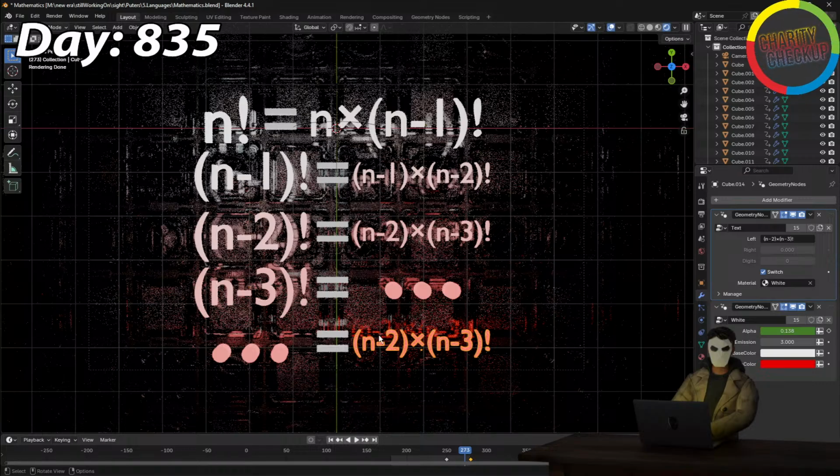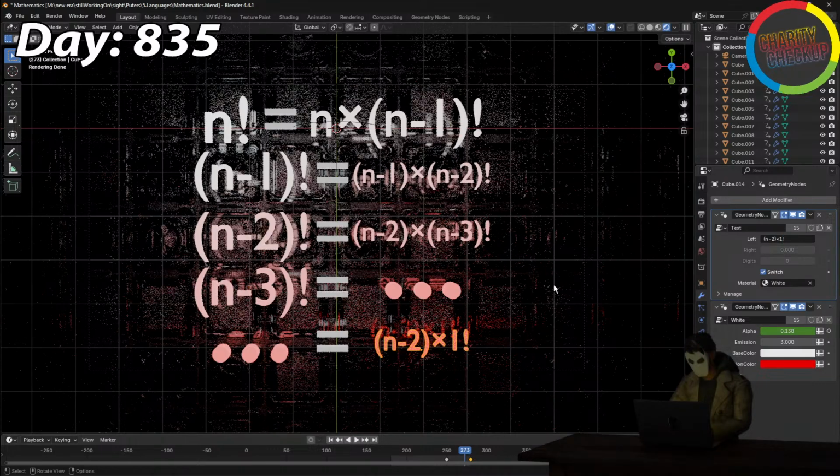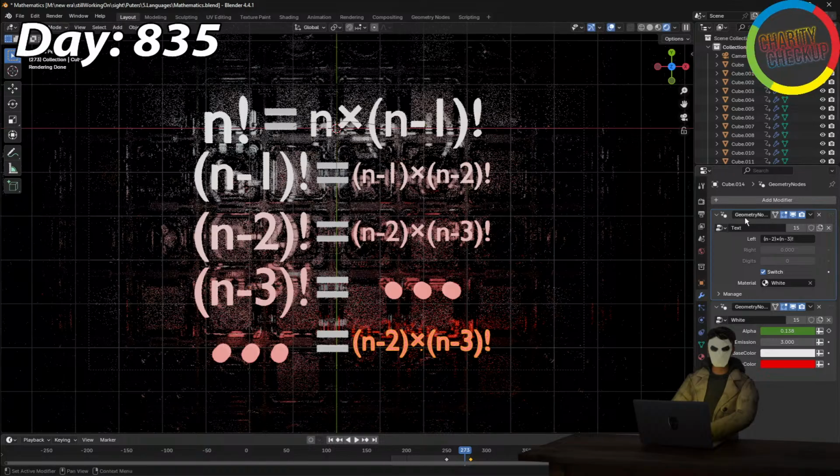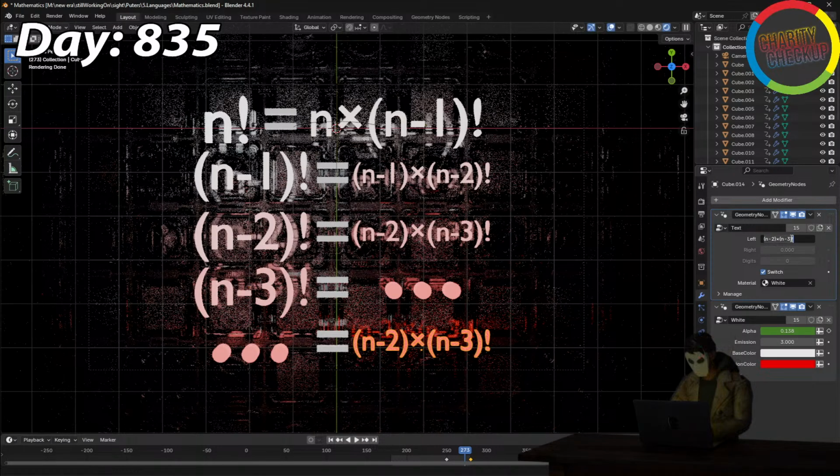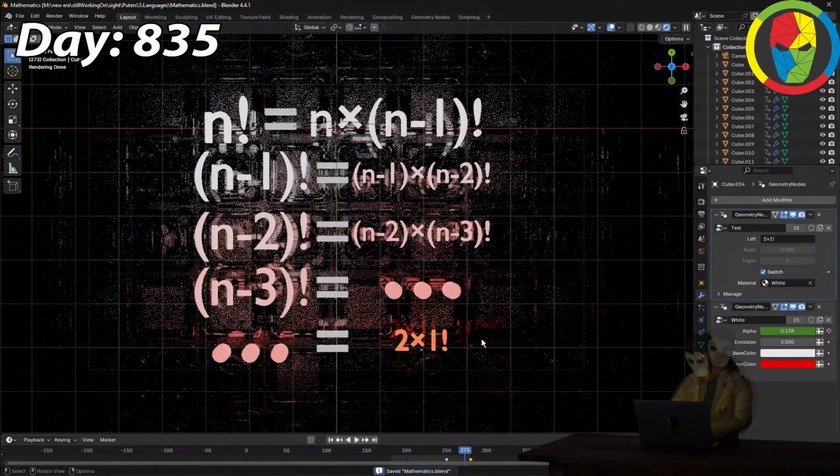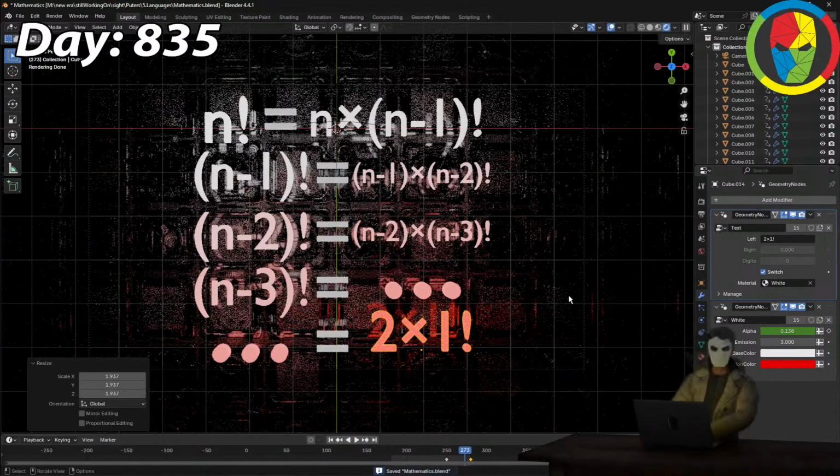But yeah, in this case, what should we use instead of the numbers? Well, times 1. Wait, am I doing this correctly? Yes, because this right here would be 2 times 1. Like this.